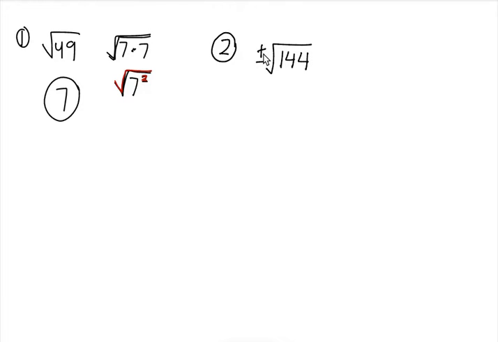If you don't see any symbols out front, you can assume our answer is positive. But on number 2, we have a positive and a negative, and that means we want both answers, the positive and the negative answer.